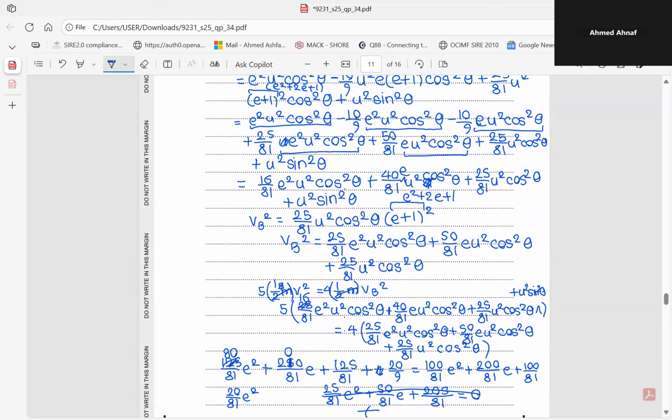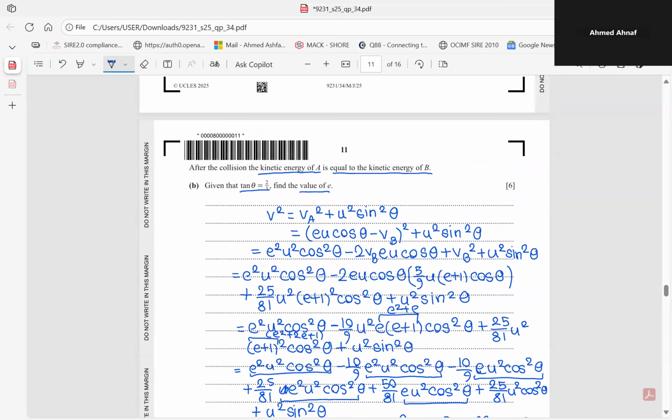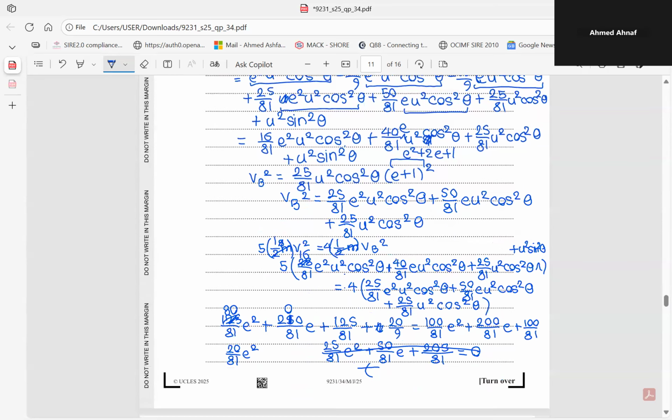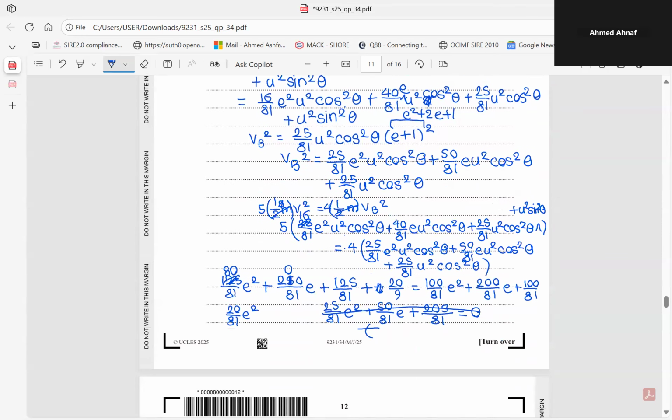Wait, so 16, 25, 5 times tangent squared, you get 4 over 9. So 20 over 9, right?